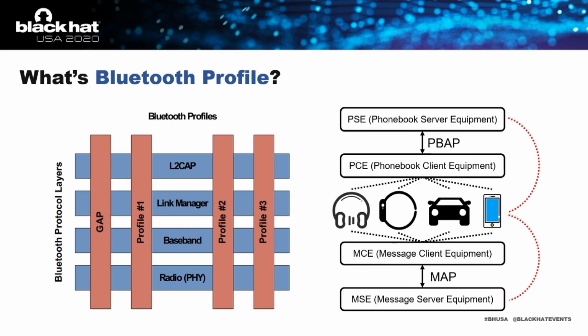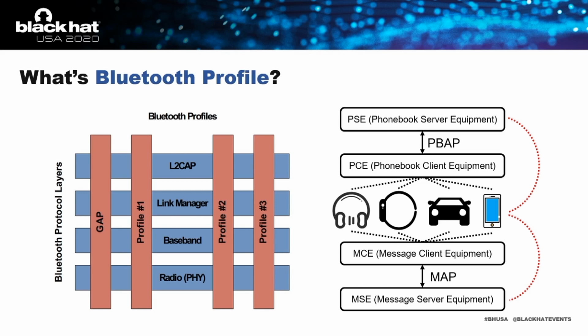In more detail, PBAP defines two roles, PSE and PCE. The device that provides the phonebook is the PSE, such as Android phones, and the device that requests the phonebook is the PCE, like a Bluetooth headset, smart wearable devices, and car computers.